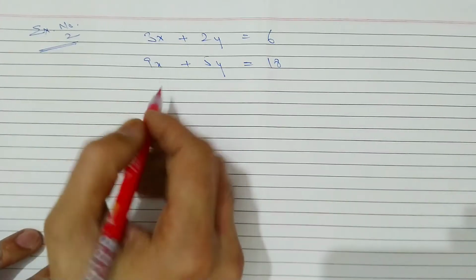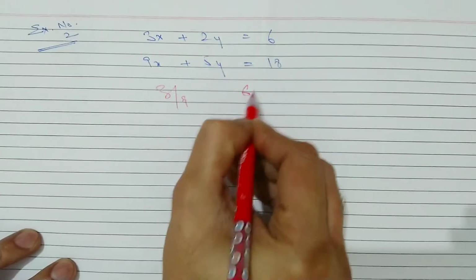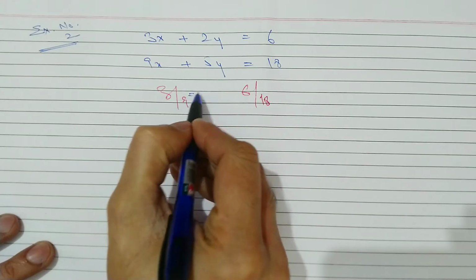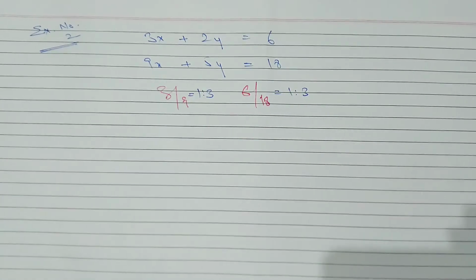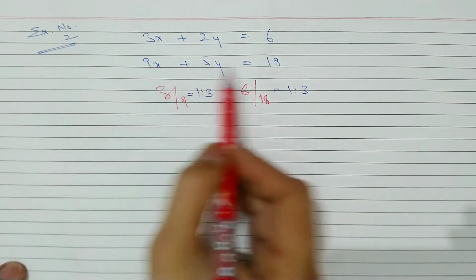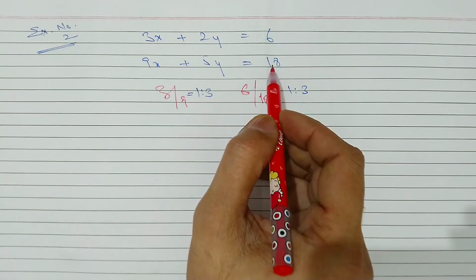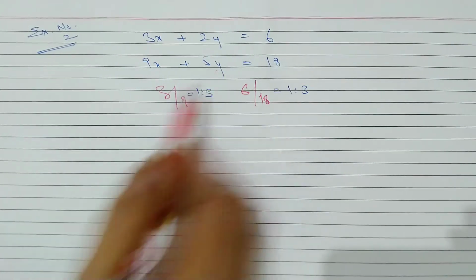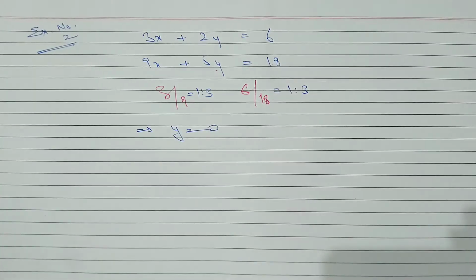Now 3 and 9 are in same ratio, 3 by 9, 6 by 18, means 1:3, means coefficients of x are in the same ratio with constant terms. So by direct or by observation method, put y equals to 0 over here, which implies y equals to 0.